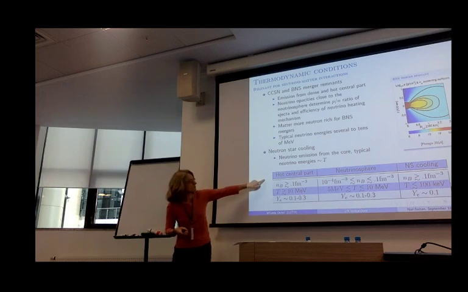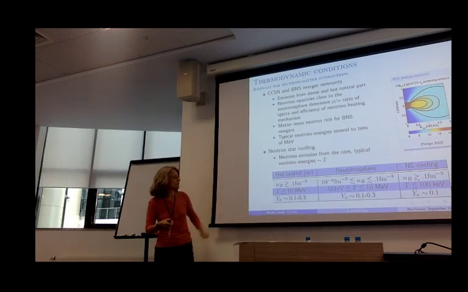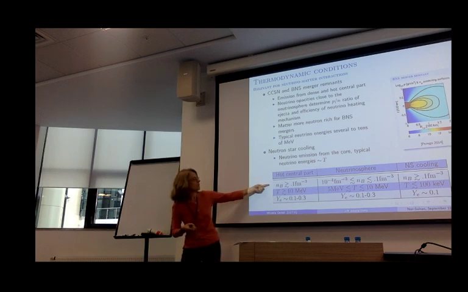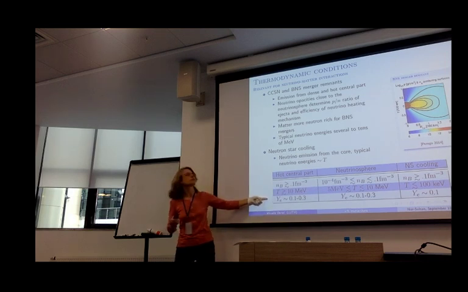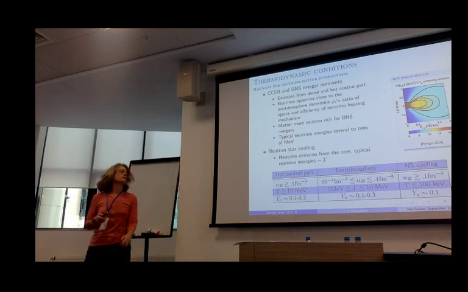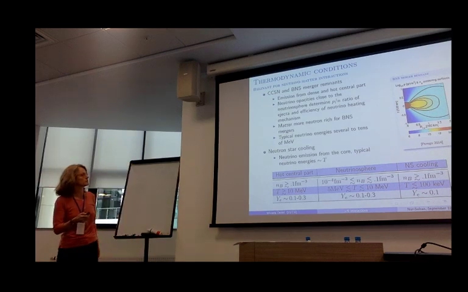So in this table I have a summary of the different conditions of the baryon number densities, which you have for typical temperatures, and electron fractions I should consider where I calculate the neutrino opacities.